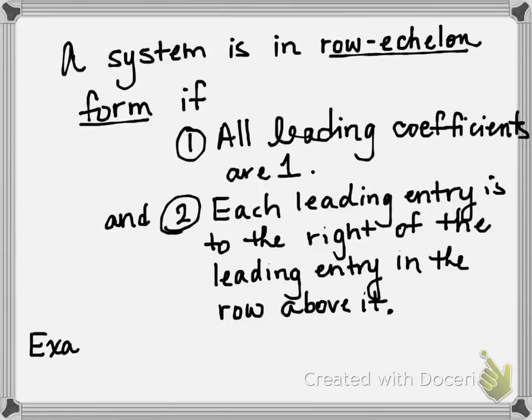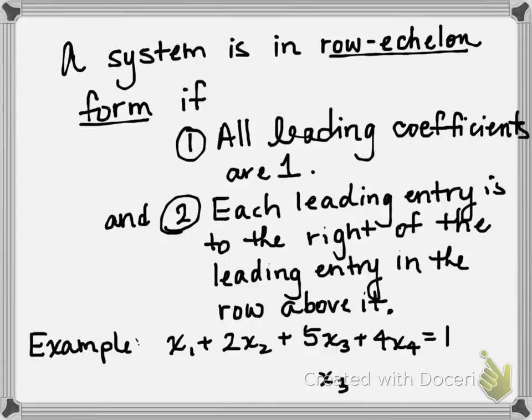So let me give you an example. x1 plus 2x2 plus 5x3 plus 4x4 equals 1, and x3 plus x4 equals 7. This is in row echelon form because in my first equation, my leading coefficient is 1. That is the coefficient of x1. It's just understood that that coefficient is 1.